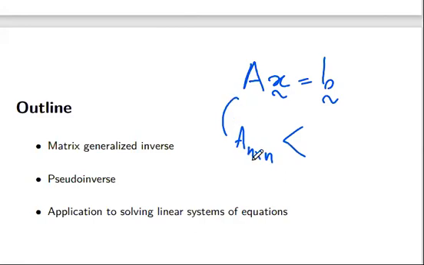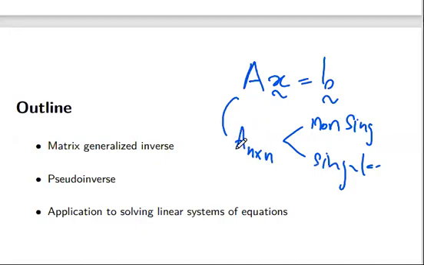A could be singular or non-singular, that is, invertible, right?